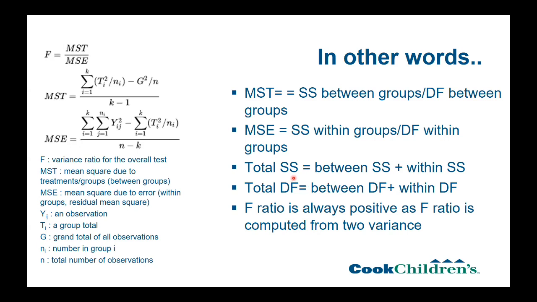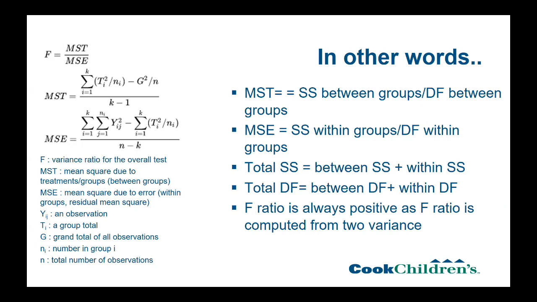So you have the total sum of squares as between sum of square plus within sum of square. And the same thing is applicable to the degree of freedom. And this is just a formula to kind of bring everything together of what I've been talking about.